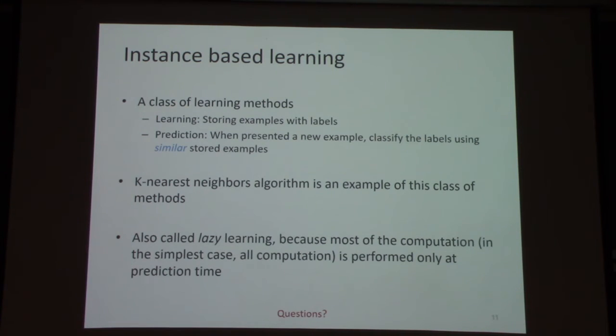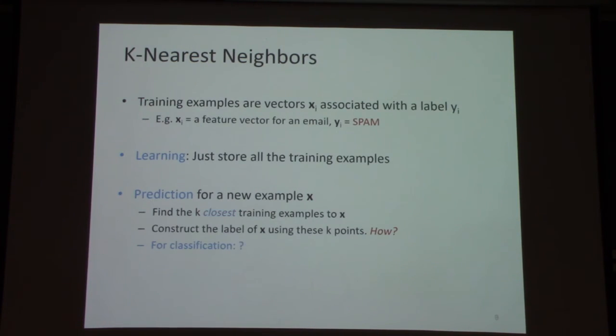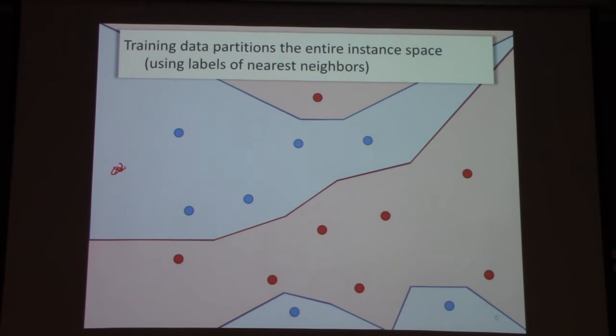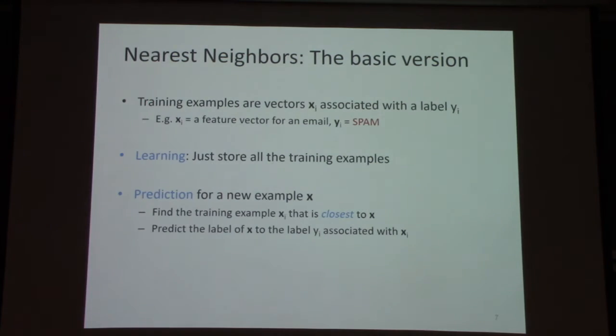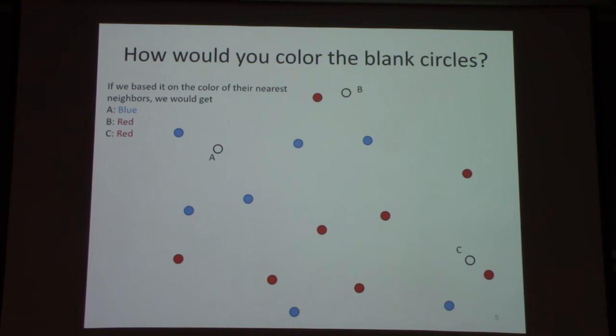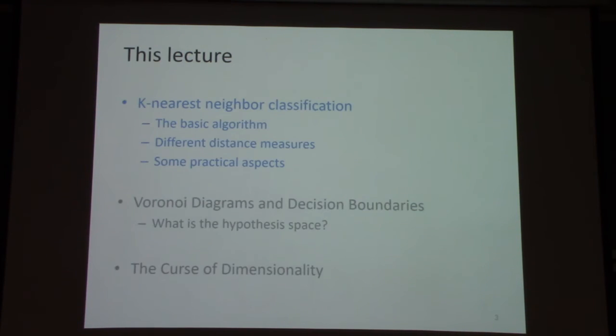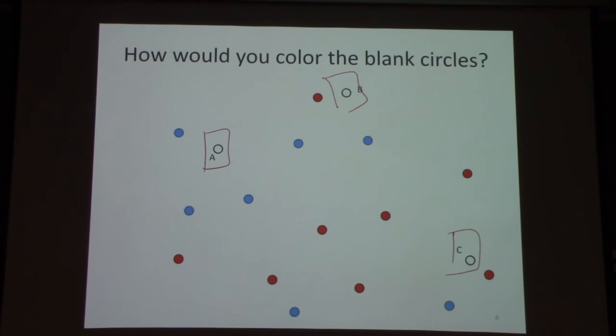Questions? Yes? Could you explain a little more about the regression case? The regression case is the following. Let's go back to the picture, and instead of blue and red, let's say each point has a number associated with it.